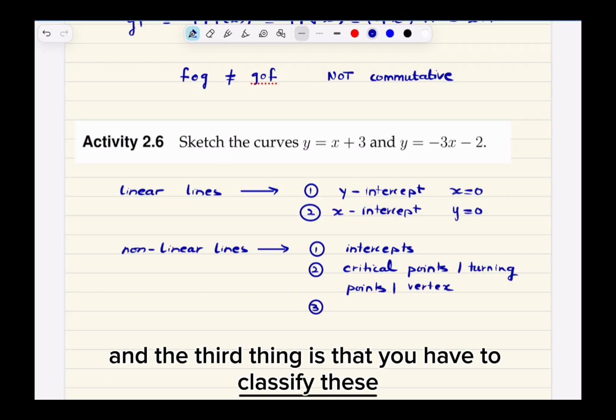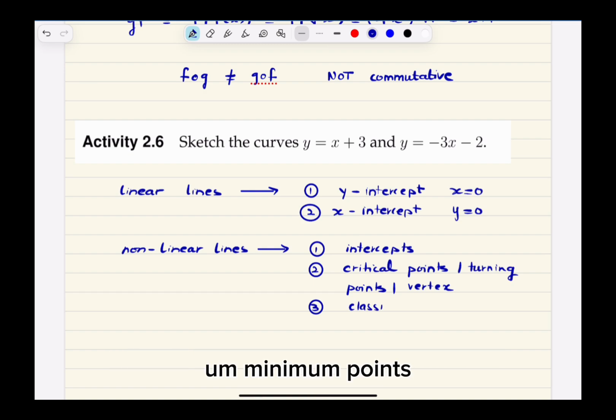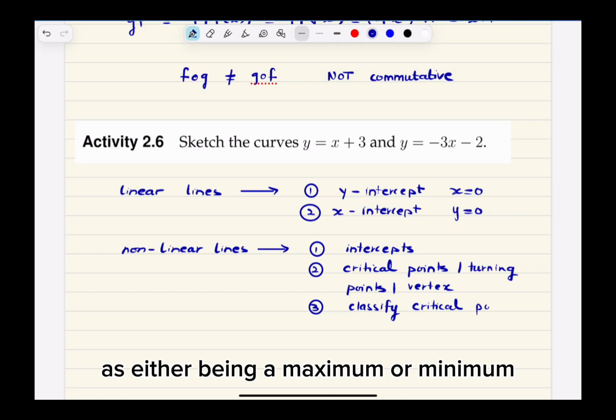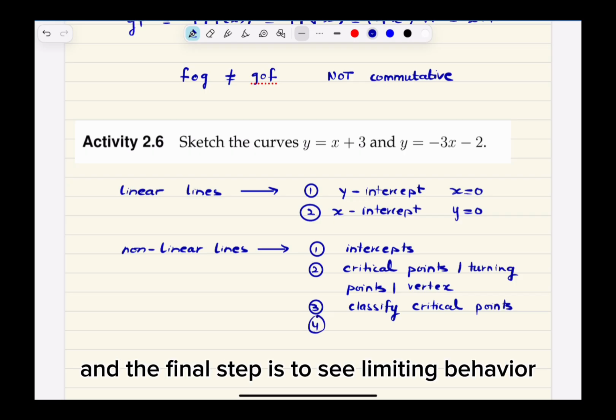The third thing is that you have to classify the critical points as either being a maximum or minimum. And the final step is to see the limiting behavior.